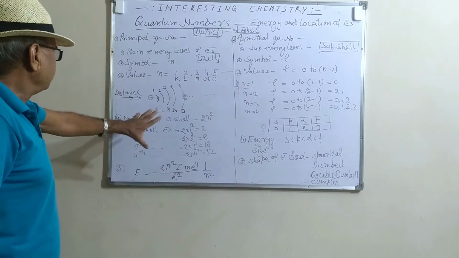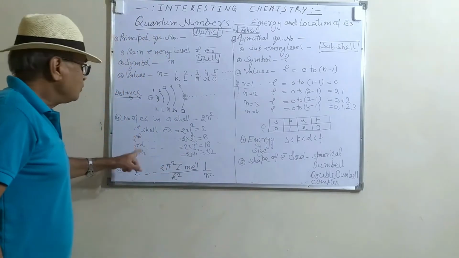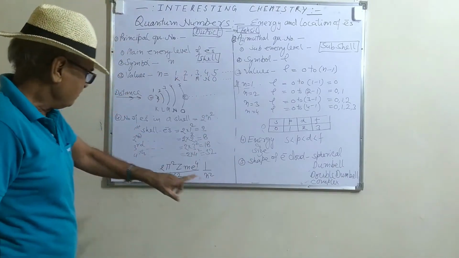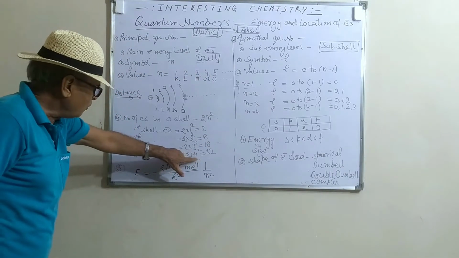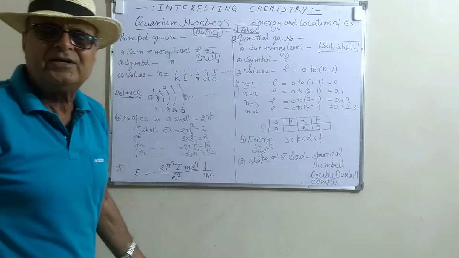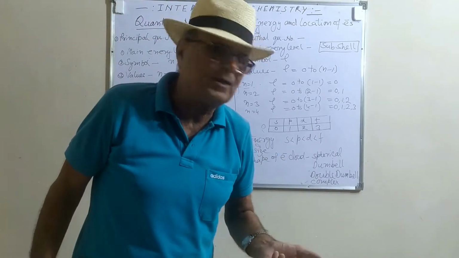In the same way, you can calculate the energy of an electron by this formula. This whole value is the Rydberg constant, that is 1.07799 times 10 to the power 7.